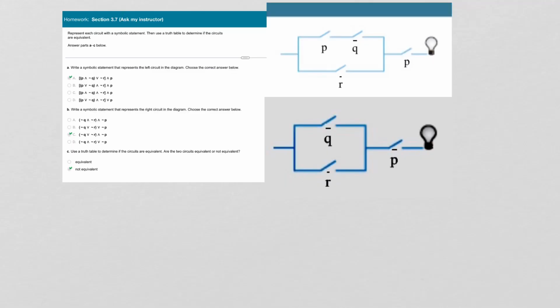Now for these circuits, we have our first circuit, and we want a symbolic statement for that, so that's going to be P and not Q for the first option.